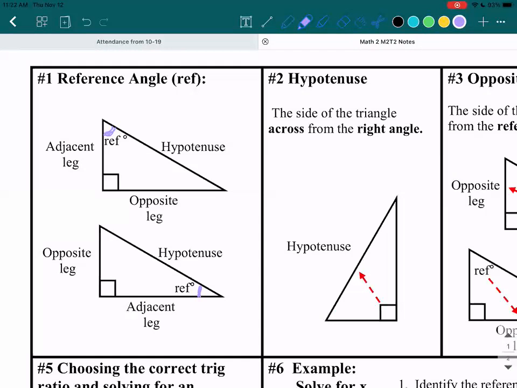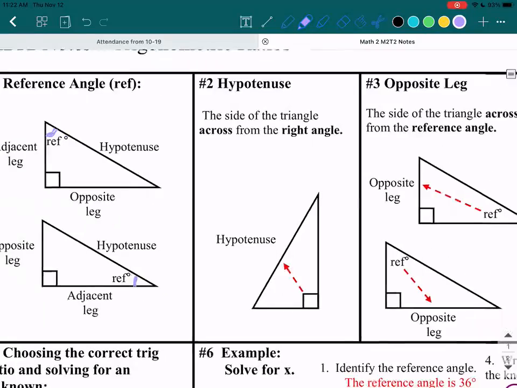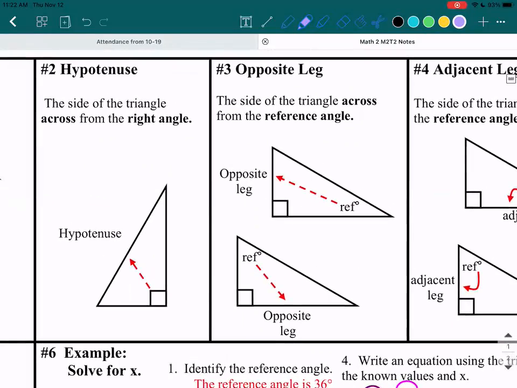Then let's take a look at box number 3, the opposite leg. The opposite leg of the triangle is the side of the triangle that is across from the reference angle. So in a problem, if I say the reference angle is this one over here, then this is the opposite side because it's opposite of the reference angle.